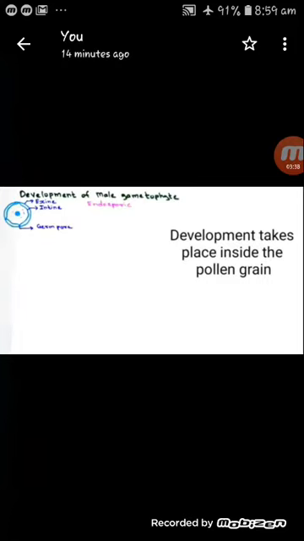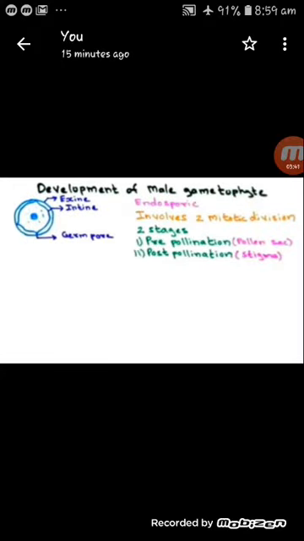Then next, it is endosporic. Male gametophyte is endosporic. It involves 2 mitotic divisions. It has 2 stages.